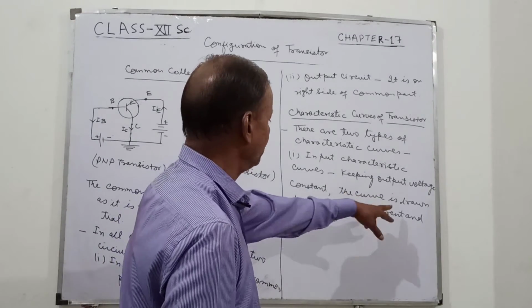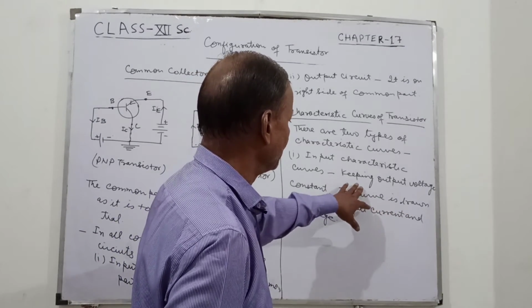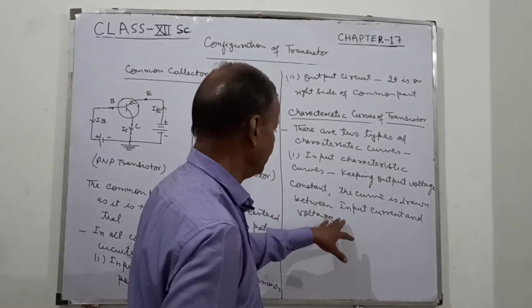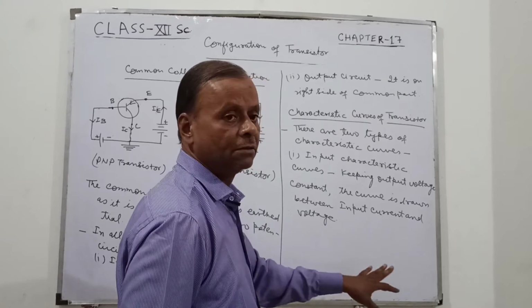What we do, that output voltage is kept constant. Keeping output voltage constant, the curve is drawn between the input current and the voltage.